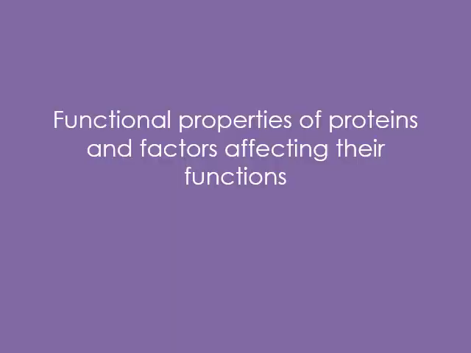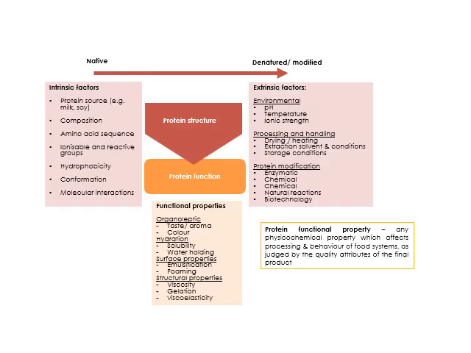Now we're going to look at the functional properties of proteins and the factors that affect their function. We know that protein denaturation can cause protein to lose its biological activity. For food protein, denaturation may cause loss of solubility, but when it comes to food application, protein denaturation may be highly desirable.